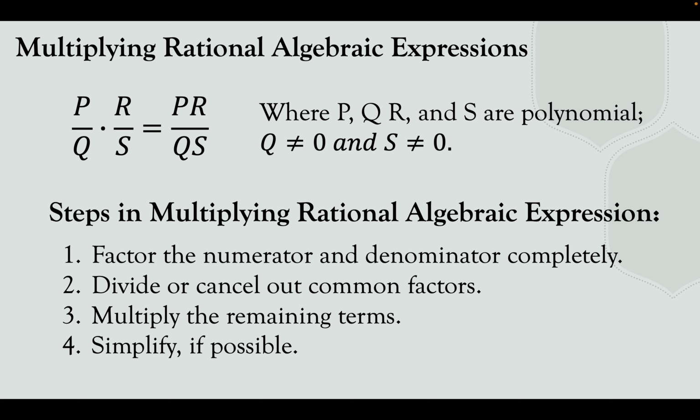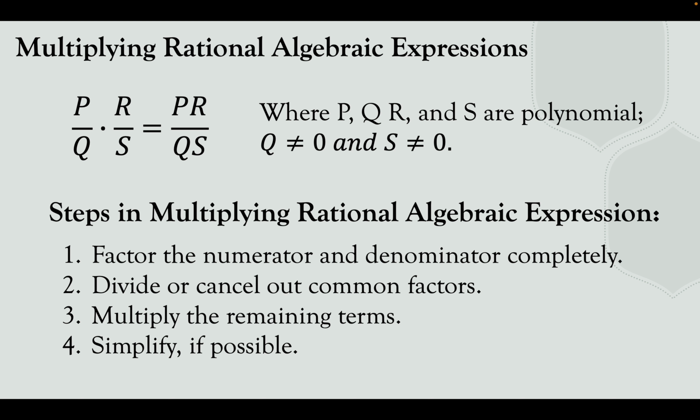Now, there are several steps. You can use this one, but there are also other steps in multiplying rational algebraic expressions. For example, you multiply the given polynomials first before factoring, but this is the common way how to multiply rational algebraic expressions.